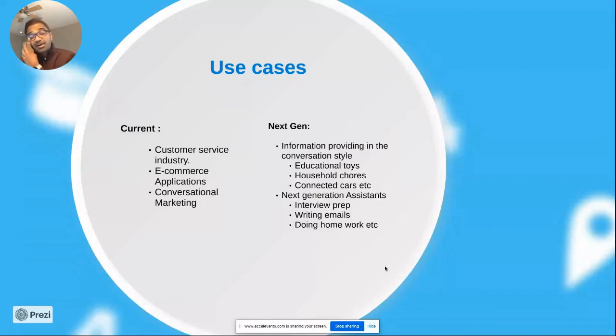And conversational marketing. At a high level, when you see an advertisement currently, let's look at any social media, Facebook, Pinterest, or anything, you look at the product, and with a click on the product you would actually go to the website where you want to buy it. But consider you have a lot of questions about the product.